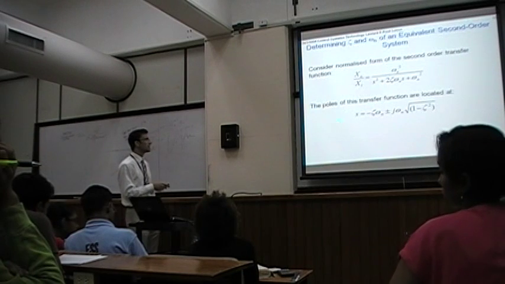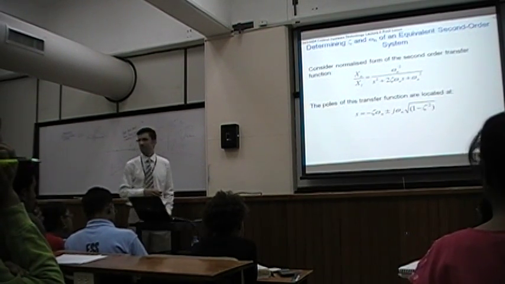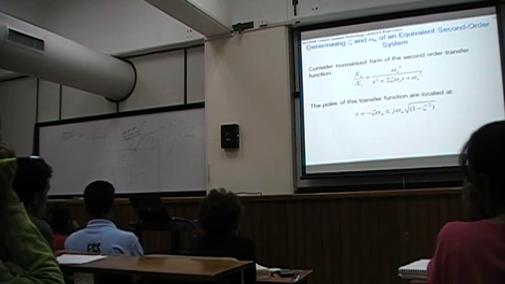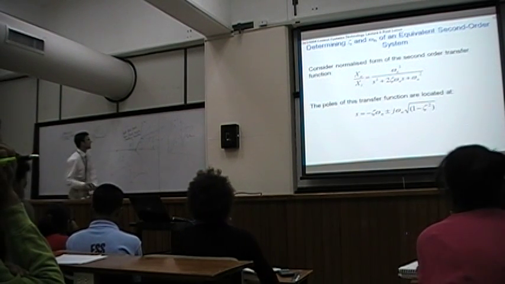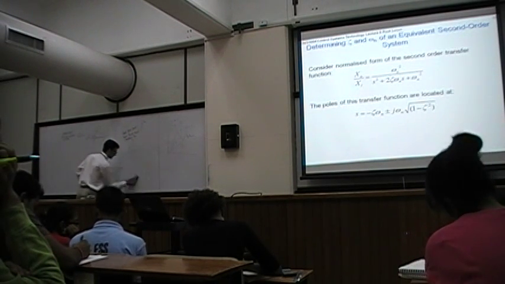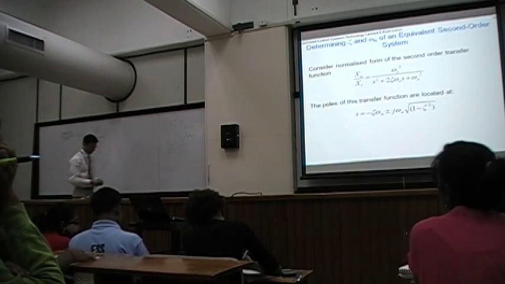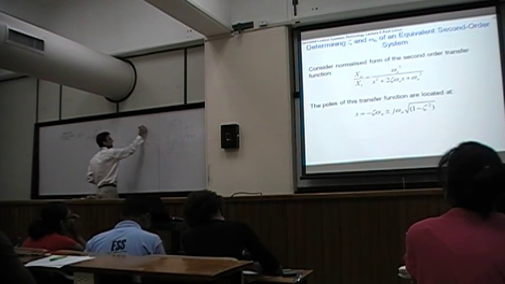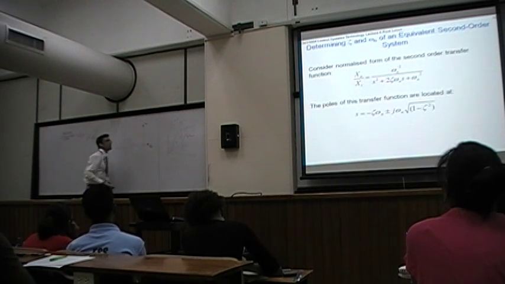So if these are the poles for our prototype second order system, then how do we plot those? This is our real and imaginary axes.